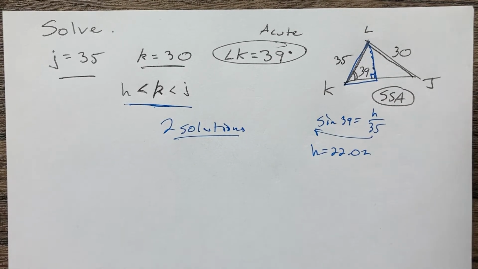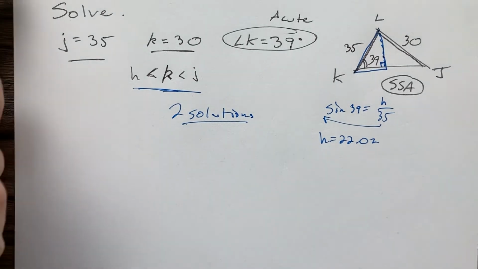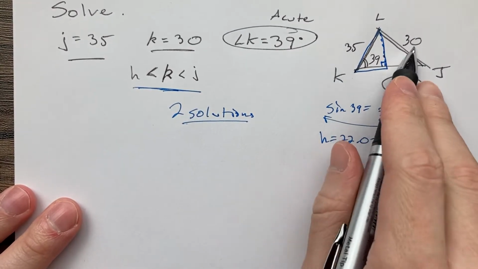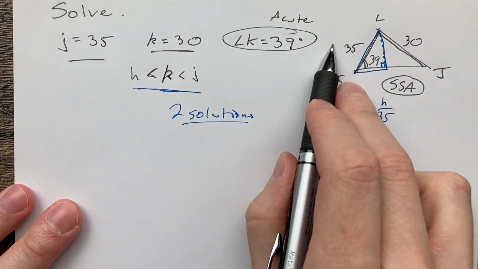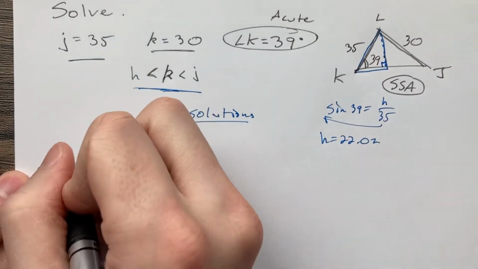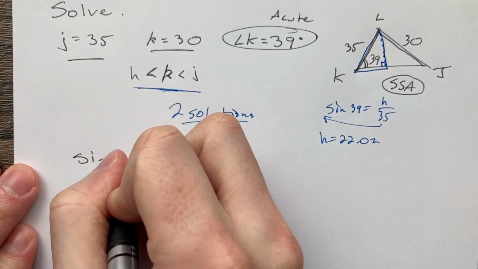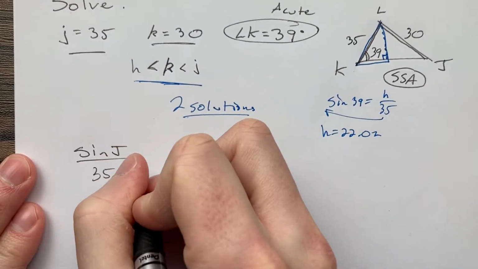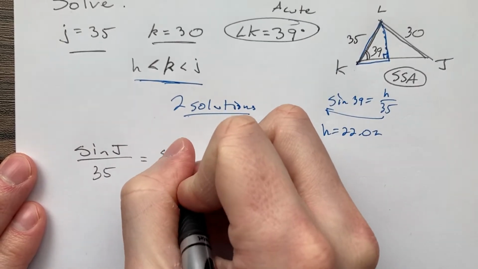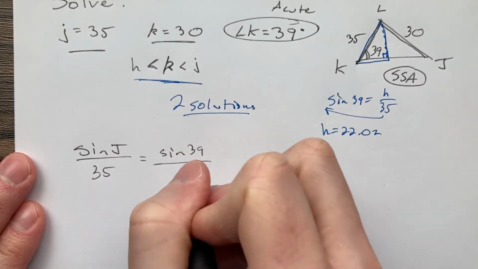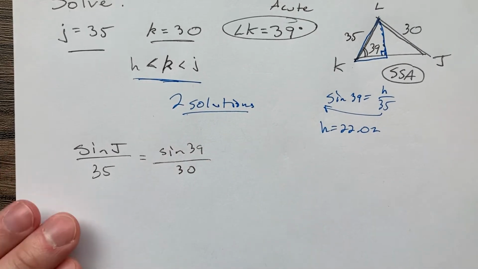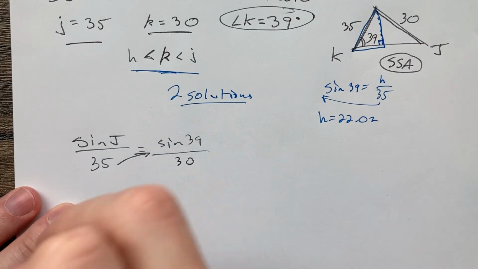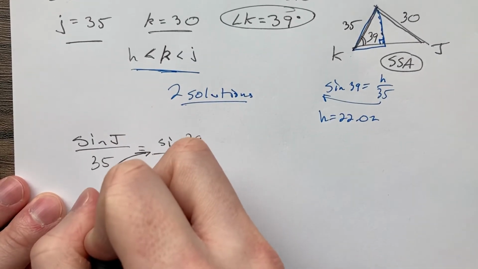And let's go ahead and start working through the first triangle. So based on the information I have side K and angle K, and then side J, I'm going to find angle J. So I'm going to go sine of J over 35 is equal to sine of 39 over 30. Let's bring that 35 up to the numerator on the other side, and then we'll need to take sine inverse to get J by itself.